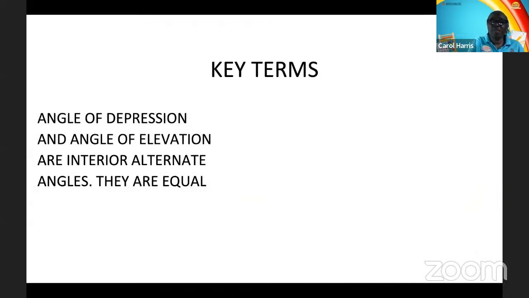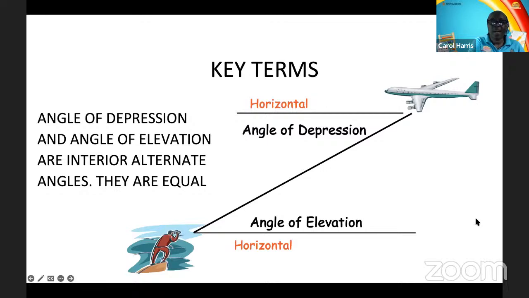Another example might be an observer in a boat or at a lighthouse or in a ship, in a plane looking down at somebody, or someone looking up. Either way, notice that the person on the ground level or at the sea level is looking up at the aeroplane. And notice that the angle of depression and the angle of elevation form what we call a Z. We loosely call them Z angles.